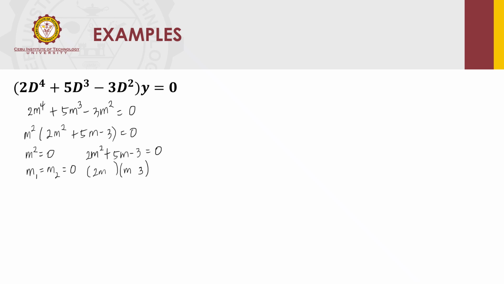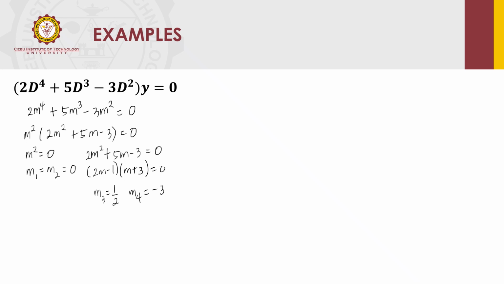So this is multiplied to 2m, so it's 6m for the outer terms. So we need a positive 3 here, and negative 1 would be placed here to get a sum of 5m, right? This is 6m minus 1m, so 5m. So equate this to 0. So we have 2m minus 1 equals 0. So the third root is 1/2. And the fourth one is negative 3.